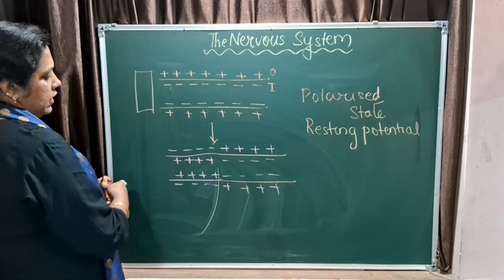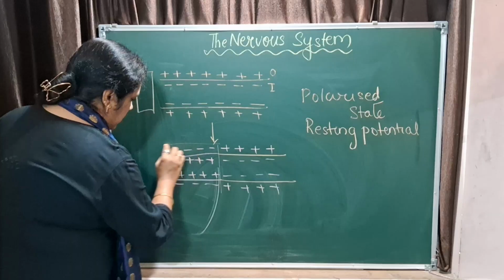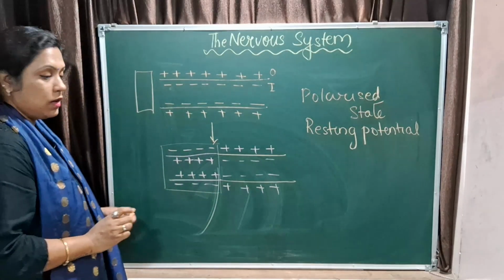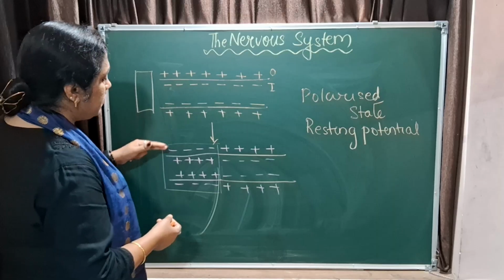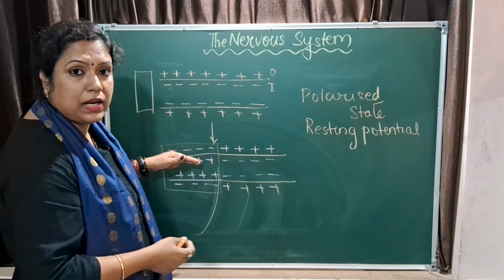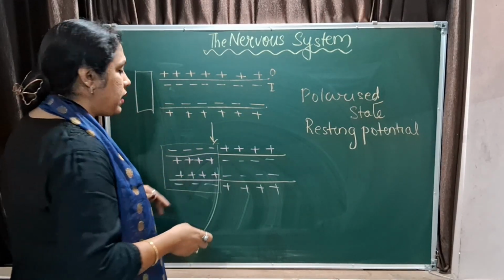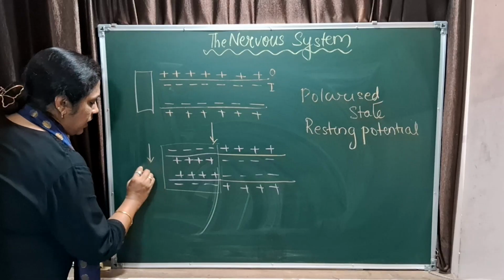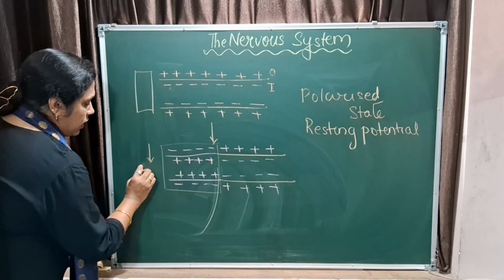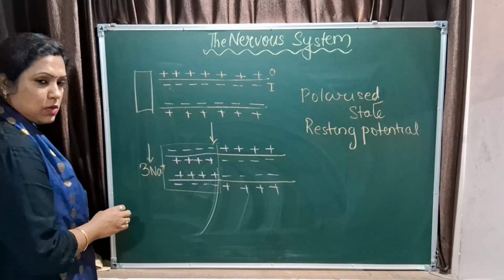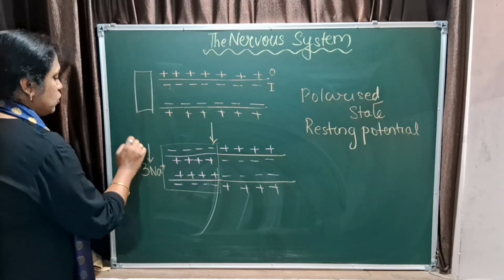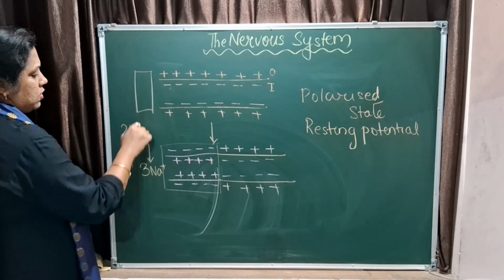Fine. So here is the impulse which is generated. When the impulse is generated, the permeability of the membrane to sodium ions increases. The sodium starts coming in. For every 3 sodium coming in, 2 potassium ions go out.